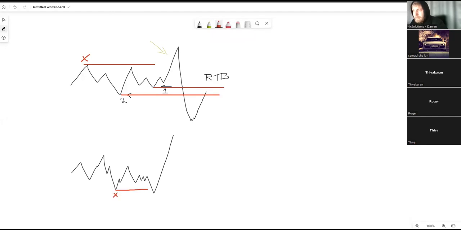Here's your liquidity, and depending on the time frame it's going to be at this level or this level. Same thing, just reversed. Number 1 or number 2.